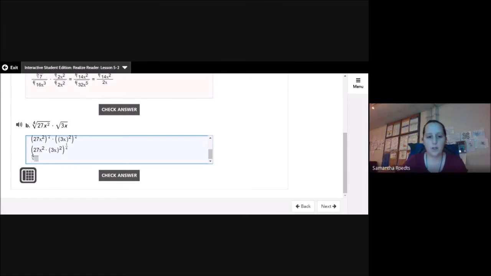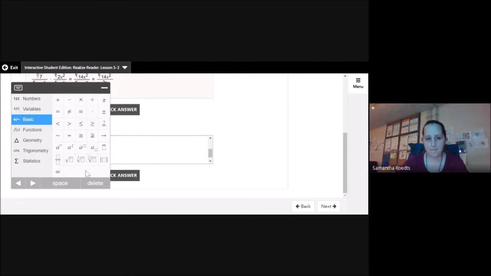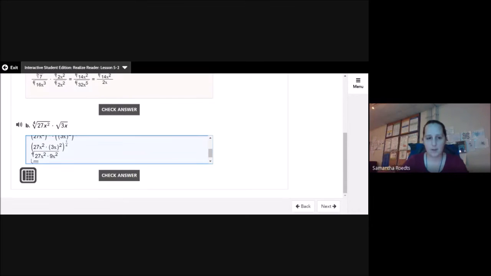So I have the fourth root of 27x squared times 9x squared, which is the fourth root of 27 times 9, which is 243, x to the fourth.